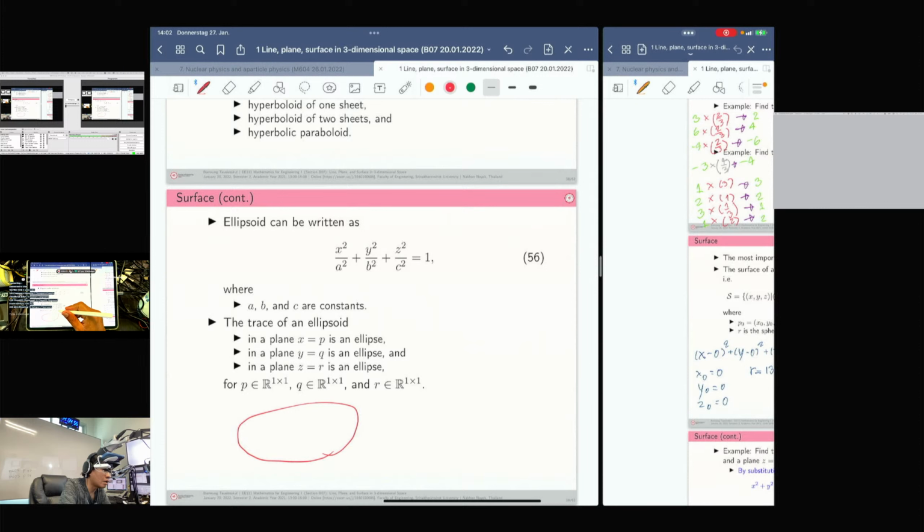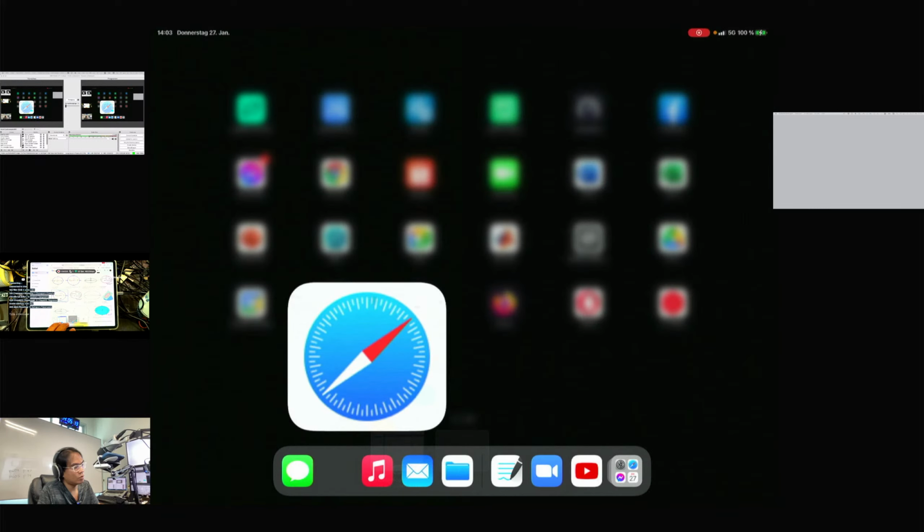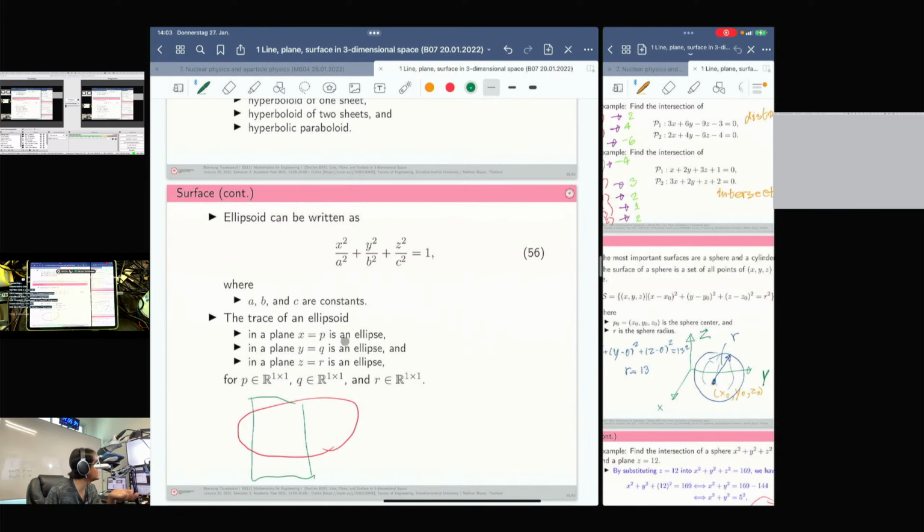You cut it like this, and you get the intersection result as an ellipse. And along the plane y equal to q, the intersection of the ellipsoid with this plane will also be an ellipse. Wherever direction you cut the ellipsoid, you will get an ellipse as the outcome.